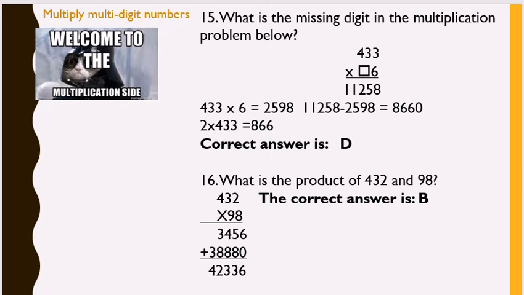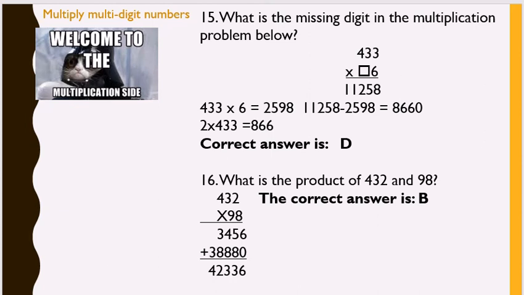We put the 8 down, carry the 2. 9 times 4 is 36, plus 2 is 38. So 90 times 432 would be 38,880.